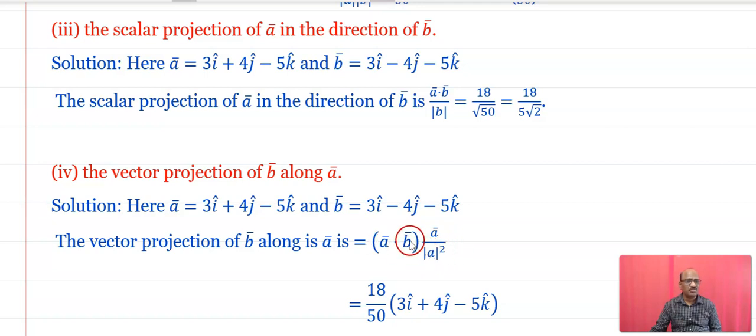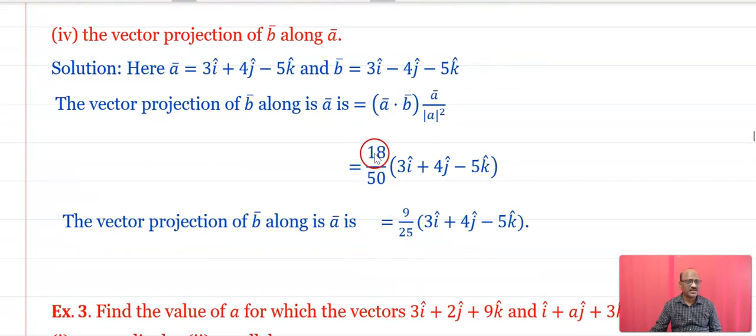A bar dot b bar is 18, and mod of a bar square is root 50 square, which is 50, into a bar. What is the vector a bar? 3i cap plus 4j cap minus 5k cap. Therefore, the vector projection of b bar along a bar is 9 upon 50, if we reduce it, in bracket 3i cap plus 4j cap minus 5k cap.